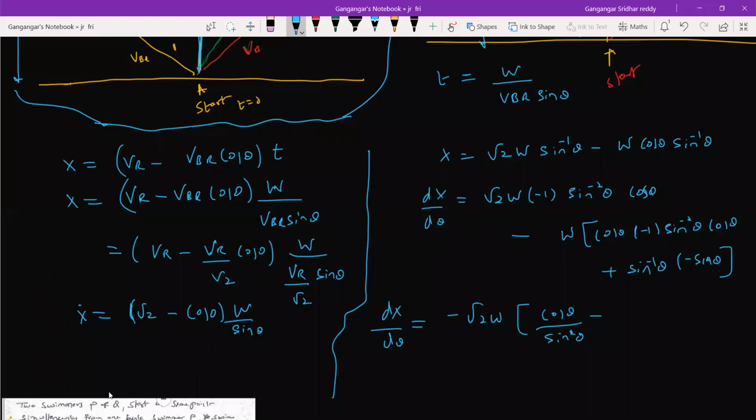So here cos square theta by sin square theta, negative of negative, and this will be positive, no? W by cos square theta, sin square theta, this will be only W.